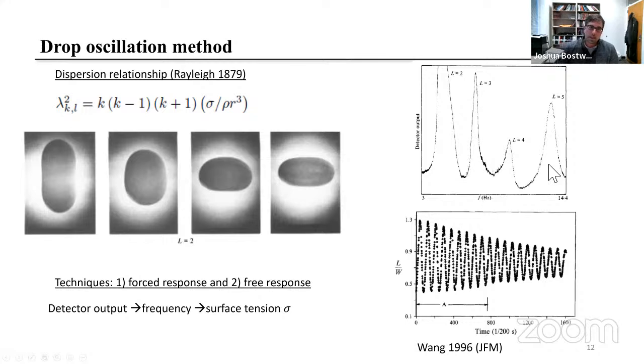The shape of these response diagrams, or the resonance curves, tells you something about the material properties of the liquid. For example, it tells you something about the size of the drop, the surface tension, and the density of that liquid. So that's the technique we're going to use.